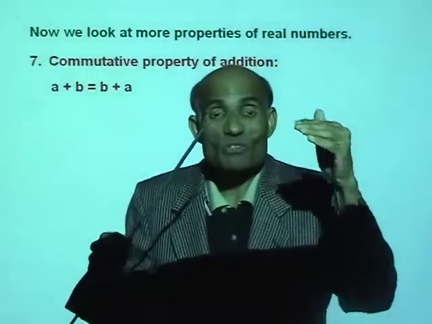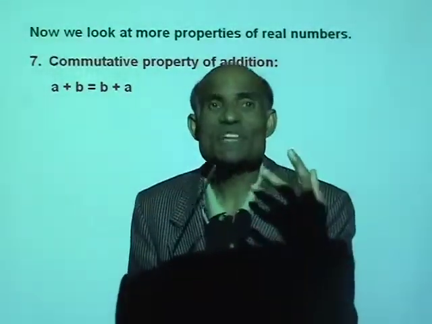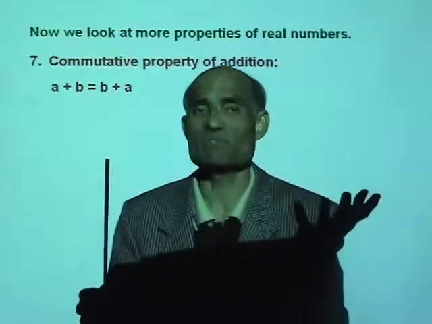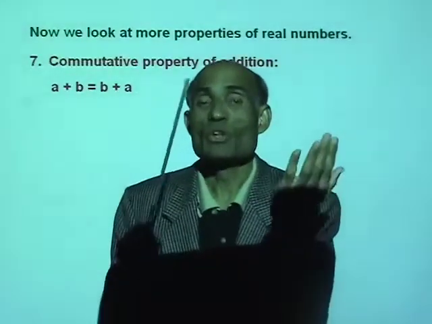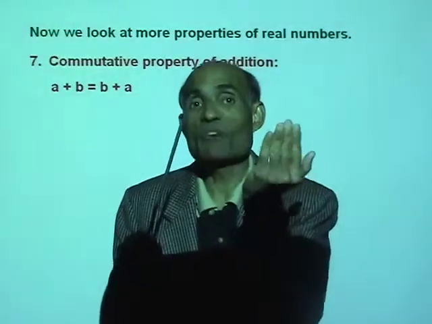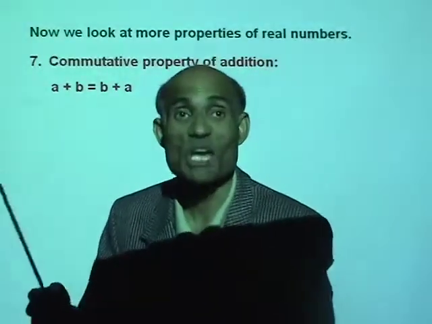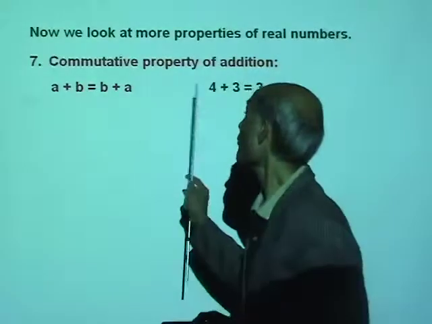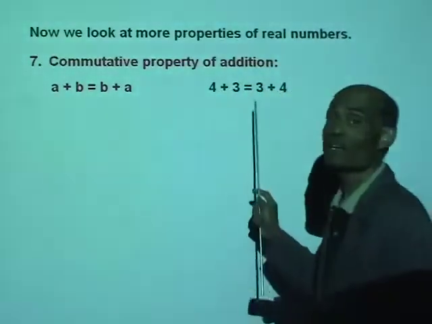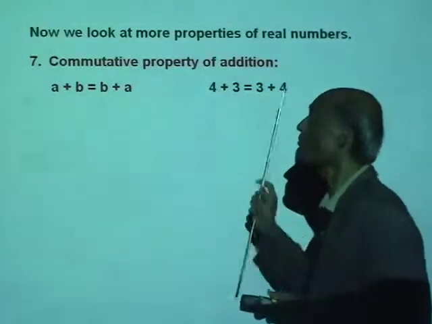So the process of addition we say is commutative. In other words, you can add forward or backward to give you the same result. 4 plus 3 equal to 3 plus 4.